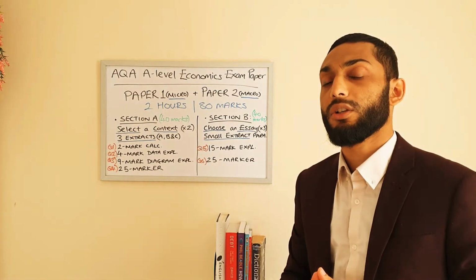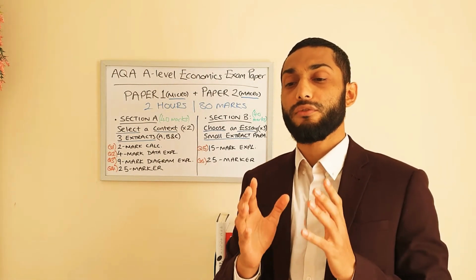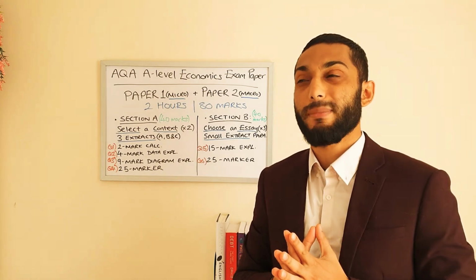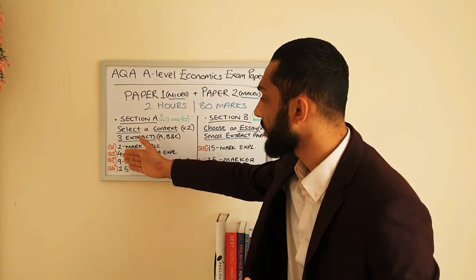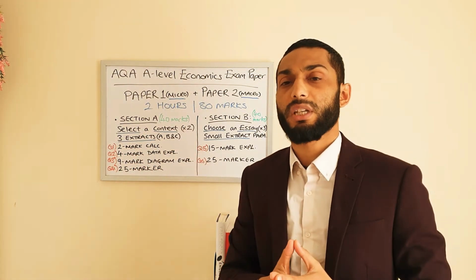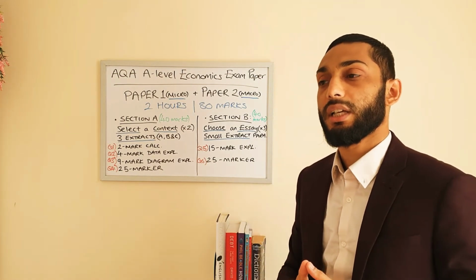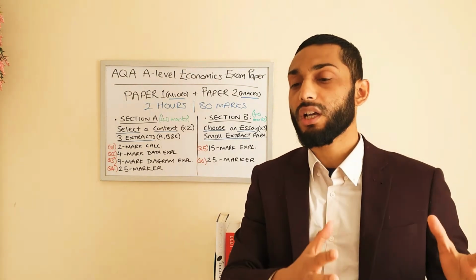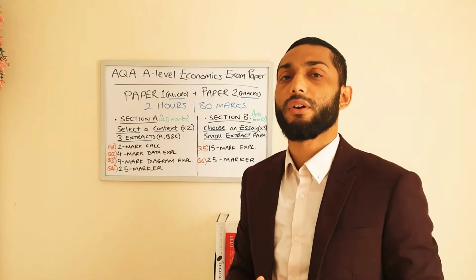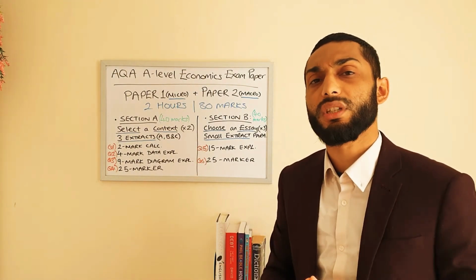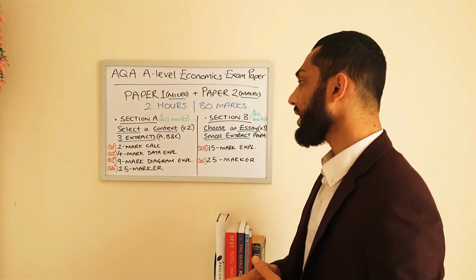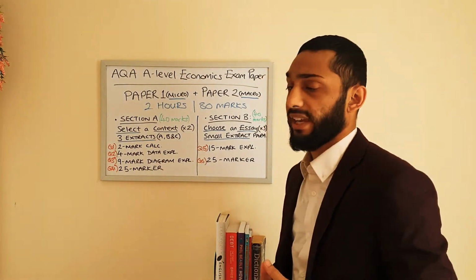Go for the 25 marker where you can potentially maximize your answer, and also look at the other questions and see if you can maximize your marks in that context. If you can't, look at the next one, maybe you can do it on that one, and make your decision strategically.